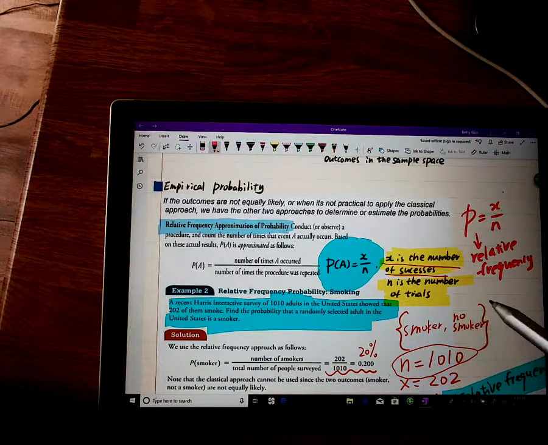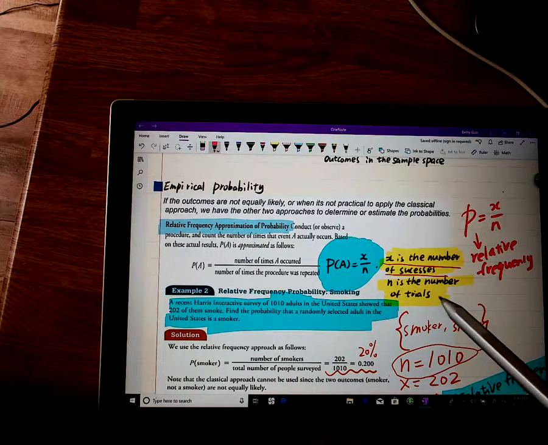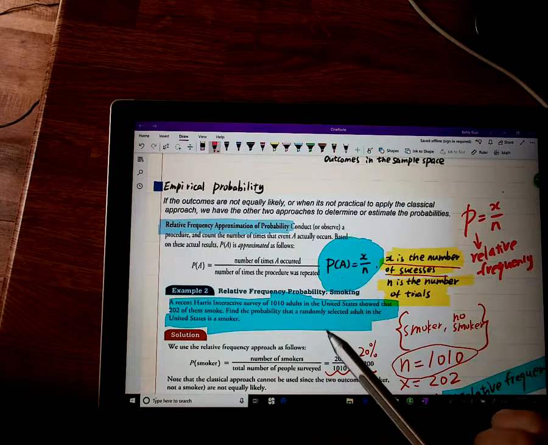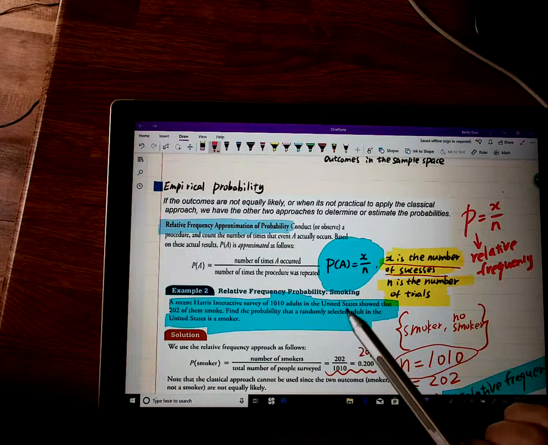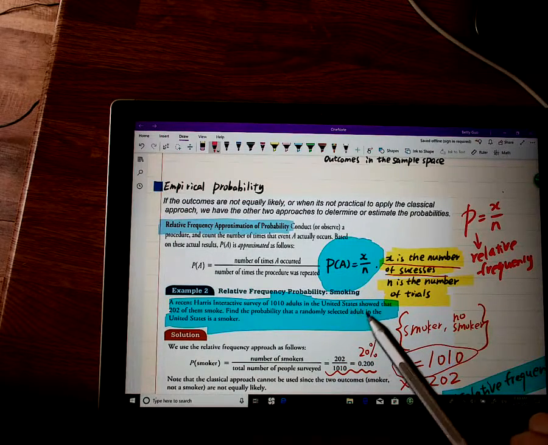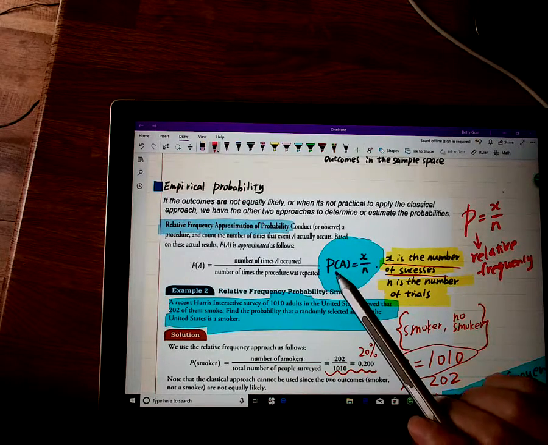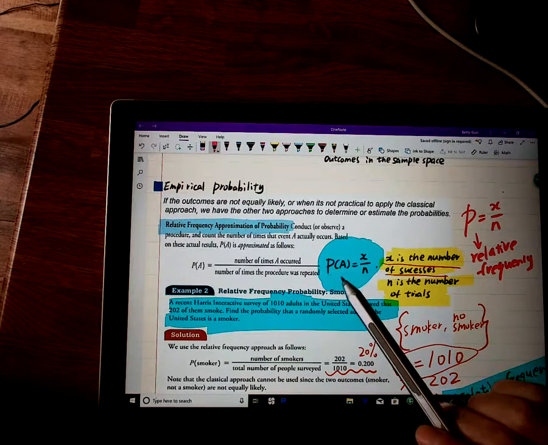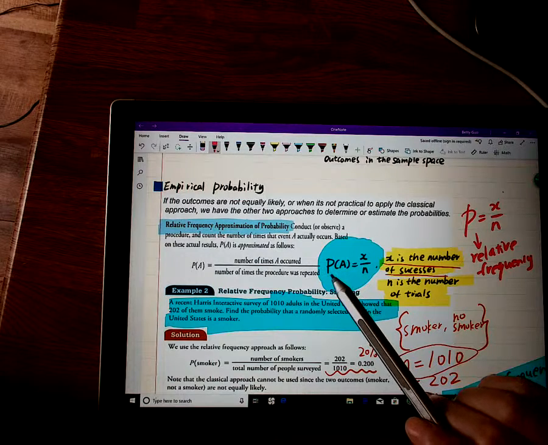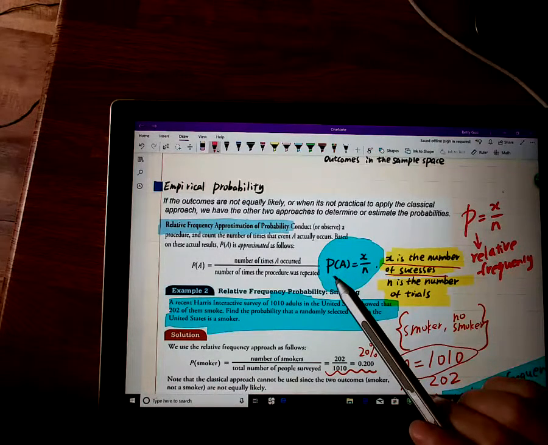We need to find a different way to find the probability of getting a smoker, right? Actually, it's not possible to get an exact value for that probability. We could only estimate or approximate.